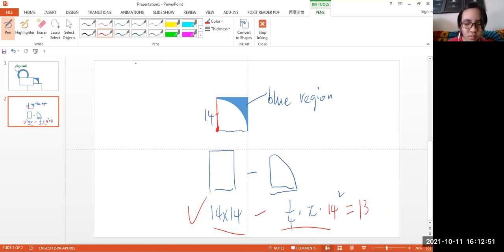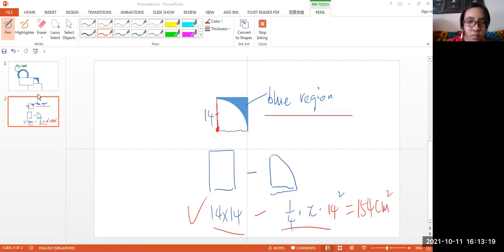How many significant figures? 3 significant figures is 154. What's the unit? Cm square. Area is square. Okay, so that's how you find the blue region. Always take the big minus the small. Okay. Next.